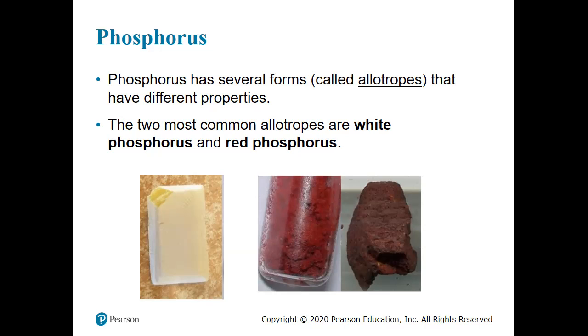Now, phosphorus has several different forms. Those forms are called allotropes. An allotrope is just another way that an element can configure itself molecularly and give it slightly different kinds of properties as it does. We are most familiar with the allotropes of carbon.